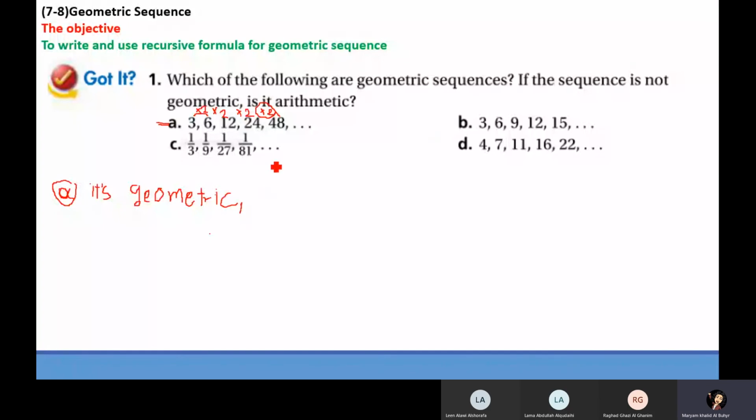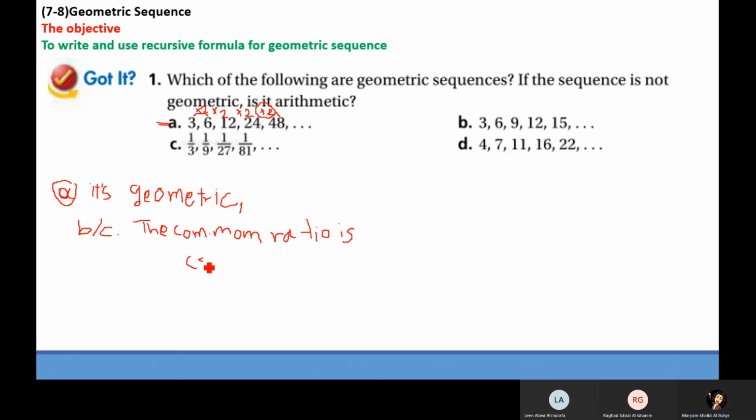If I say explain, for example, in your workbook, you can say because the common ratio is constant. I'll just write it in short form.